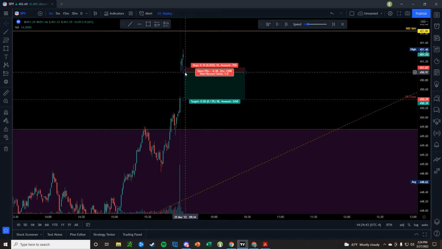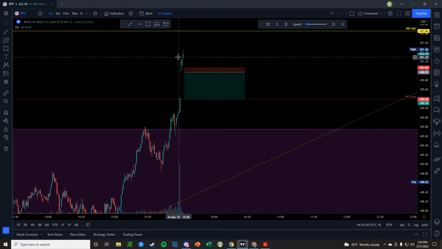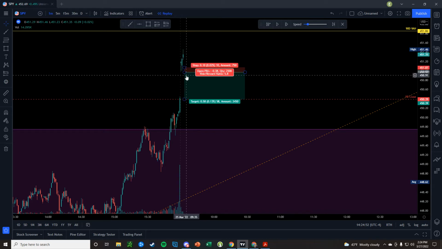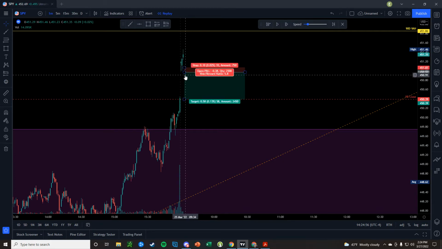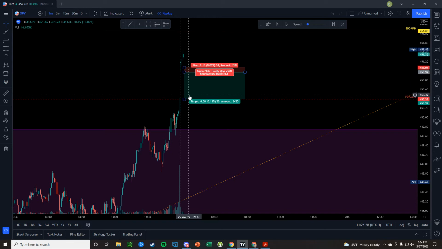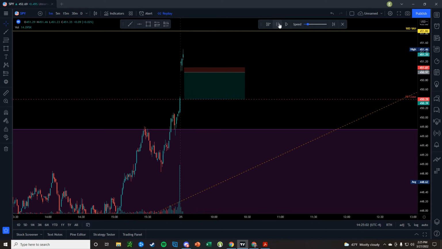So we set our entry point just below the current low, and we have a 5.8 risk to reward ratio. If we get entered into this trade and it flips around, we're going to lose 10 cents. But if we get entered into this trade and it does move to fill this gap, well, we could take 58 cents.